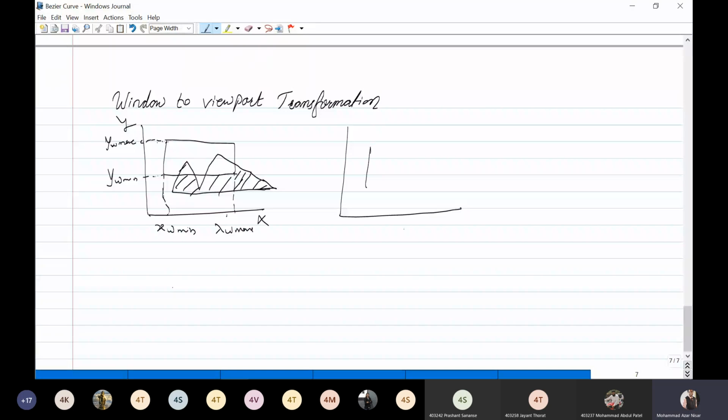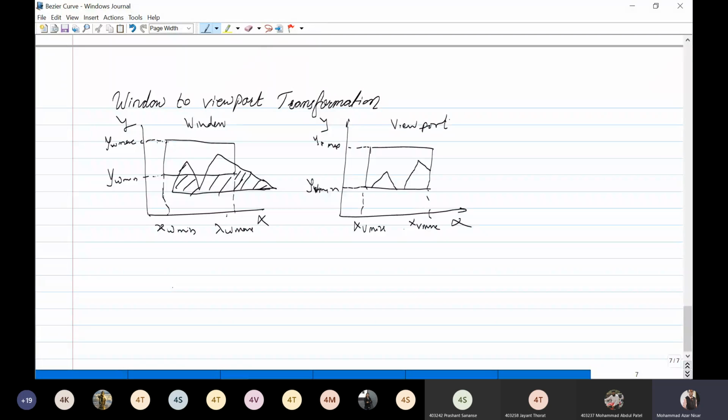This portion will remain, and in this case this is considered xv minimum, this is xv maximum, and this is yv minimum, and this is yv maximum.